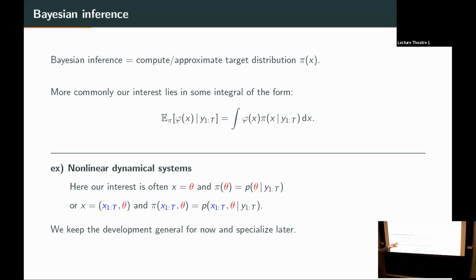Then this little x here would be both states and parameters, and the target would be the joint posterior over both of those. But for now, I will keep the presentation a bit more general and just talk about how we have some target distribution pi of x that we want to sample from, essentially.